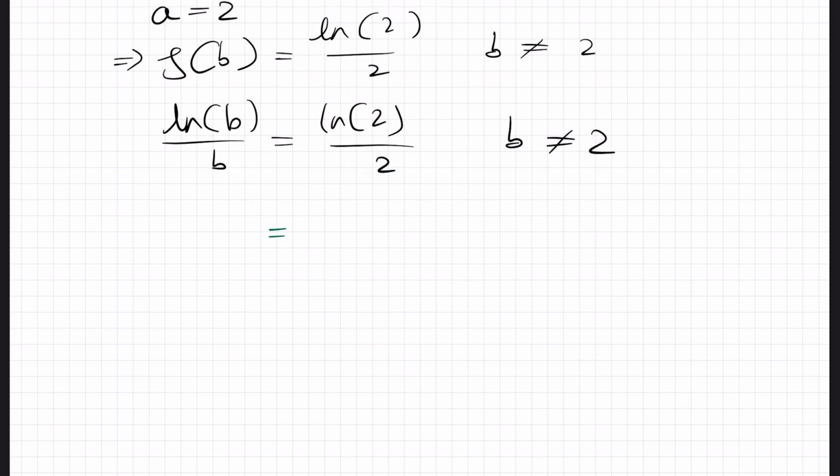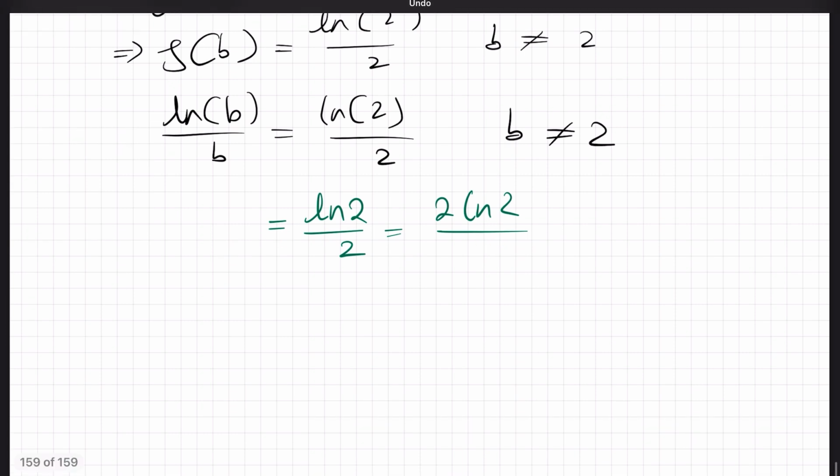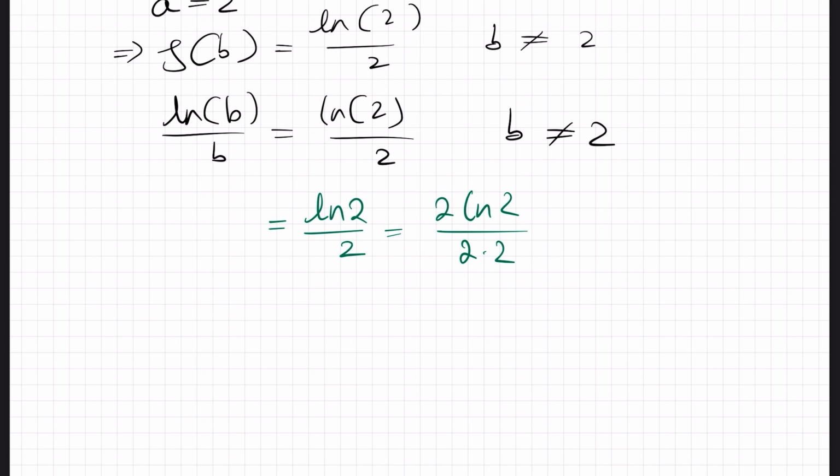So this is ln 2 over 2. If we multiply top and bottom by 2, then we get 2 ln 2 over 4. I'm going to write it as 2 times 2 just to make something clear. And using ln laws, we can actually move this outer 2 into the power over here, to get ln of 2 squared.